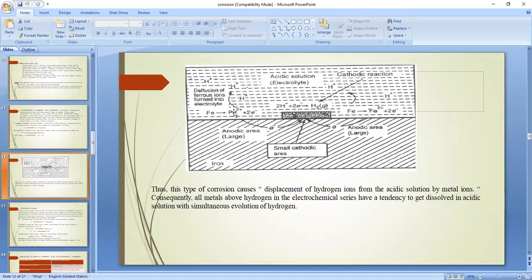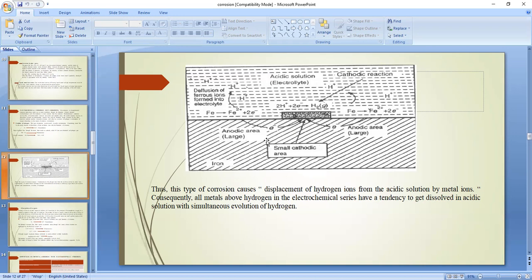So when the iron metal is exposed to the acidic medium, the rate of corrosion is faster. Immediately the iron metal undergoes oxidation, liberating Fe2+ ions as well as electrons. These liberated electrons react with the H+ ions of the acid, producing H2 gas. In this way, the hydrogen gas is liberated.